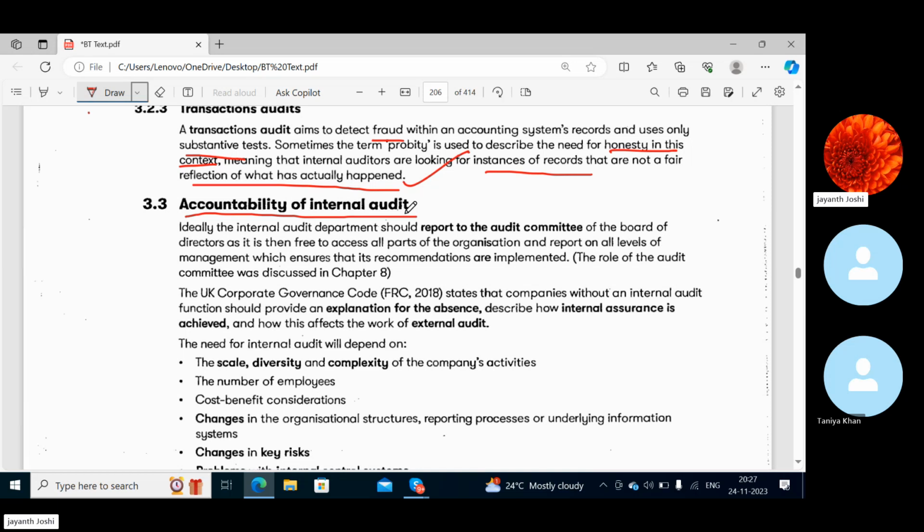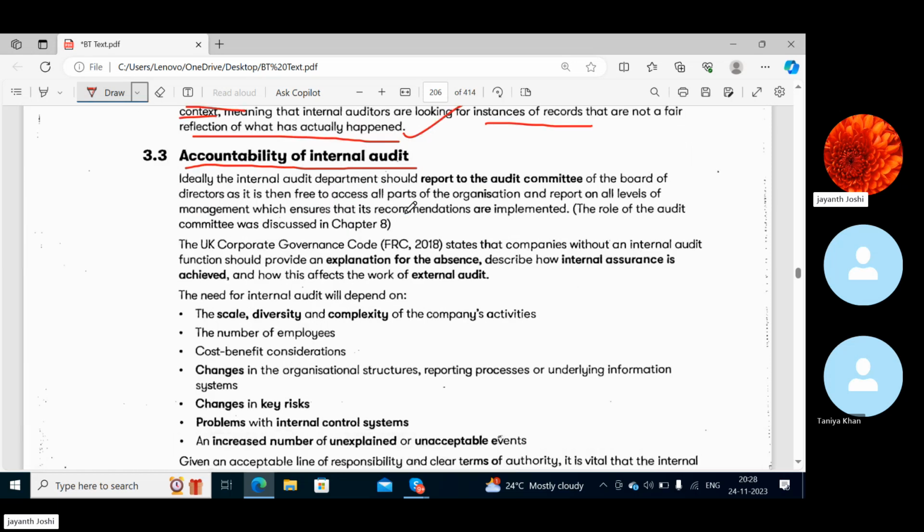So a company which does not have an internal audit function at all should explain why internal audit is not there in their organization, and describe how internal assurance is achieved. If you are not having an audit department, not performing audits in your company, then how will you assure your shareholders that everything is all right? And how does this affect the work of external audit?